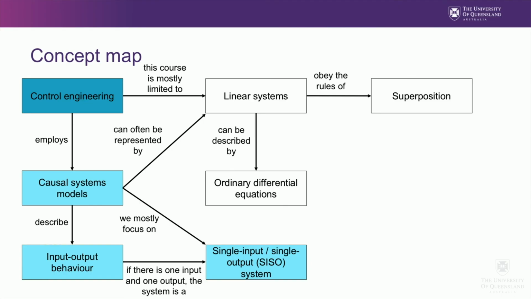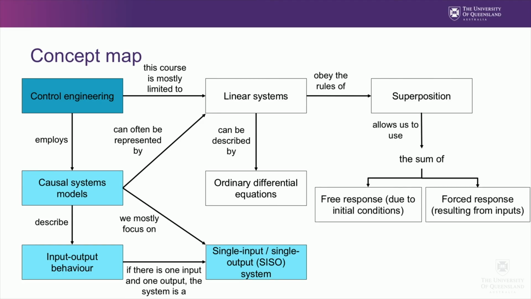Superposition is a key property of linear systems, and it keeps appearing throughout the course in different guises. Superposition allows the overall response of a system to be found by summing the response of the system to component inputs and the response due to initial conditions. For example, by finding the overall response by summing the forced and free responses.